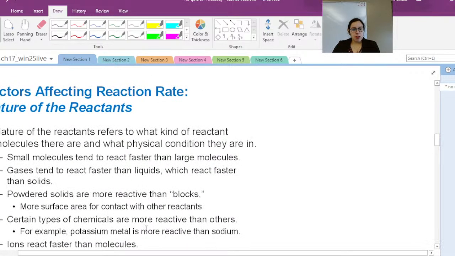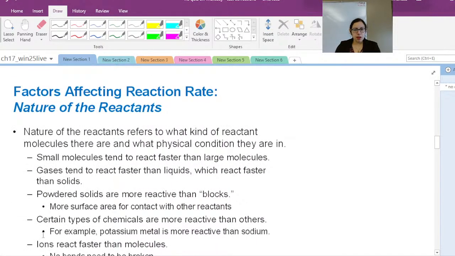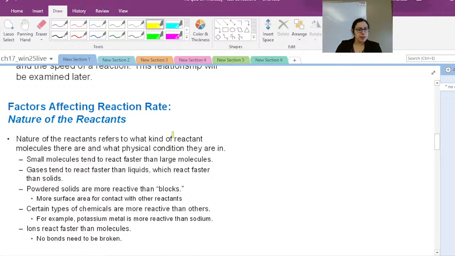Something that we'll at least somewhat talk about, I don't think we'll get too into it, but at least things to think about are, what are our reactants? This also affects the reaction. Let's see what it means by the nature of the reactions.